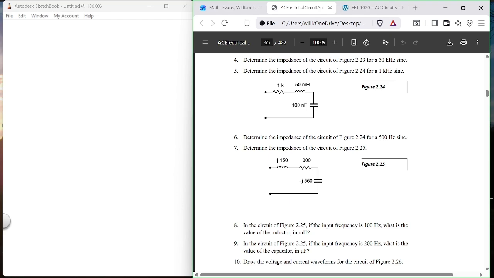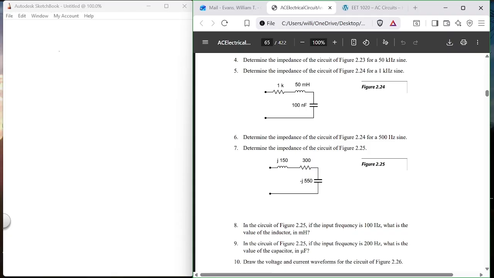All right, so in the circuit 2.25, if the input is 100 hertz, what is the value of the inductor in millihenries? Okay, so up until number 8, they're pretty straightforward, and we went through several of these. But number 8, it does it backwards.